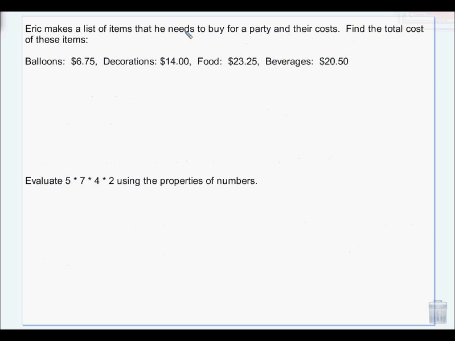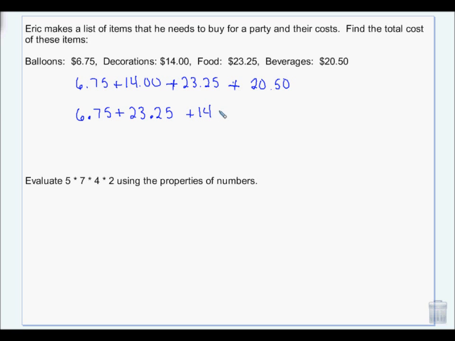Okay, a list of items that you wanted to buy for a party and how much they cost. So here's the list of items. If I want to know how much they cost, I'm just going to add them together. Now, this is 75 cents and this is 25 cents, so it actually makes more sense to put those two together, because it's going to add faster.